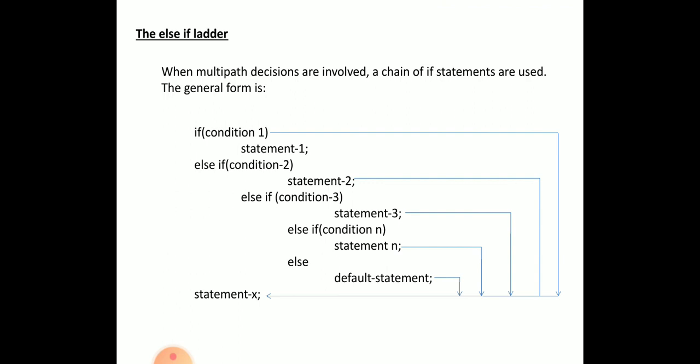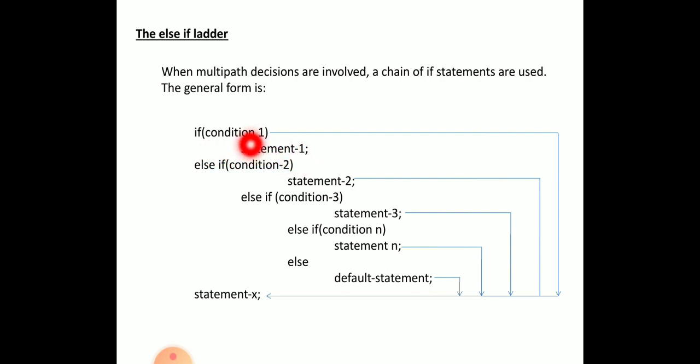In that case, we may have to use multiple if statements and else statements, and in an else if ladder, each else statement will be associated with an if statement. So let's see the general form of using else if ladder. The first one: if condition 1, statement 1.